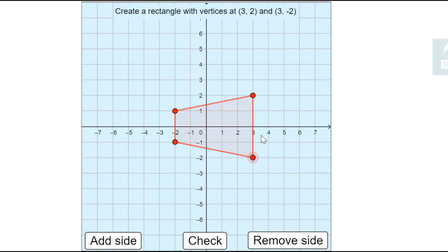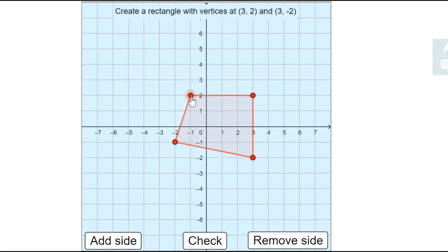So now knowing the distance between this point and this point is 1, 2, 3, 4, I know that this side over here also needs to be 4. But these sides here, as long as they're the same, we don't have any rules about where they need to be. So I could just move this guy up here.